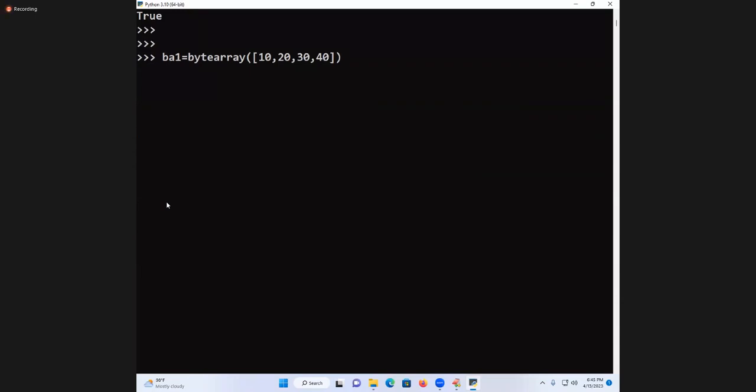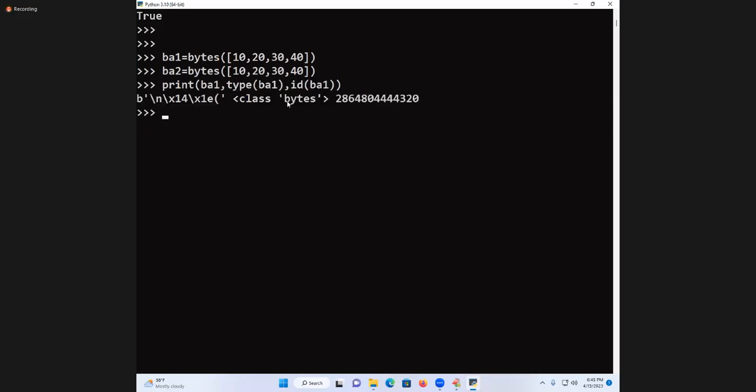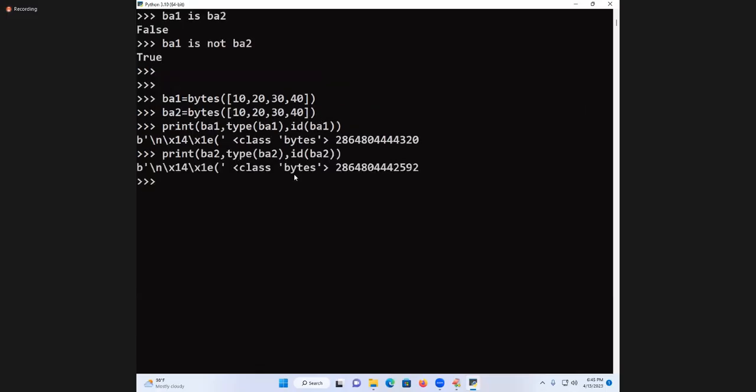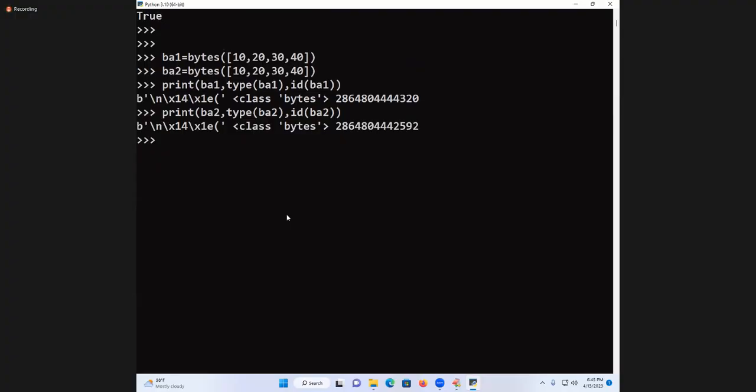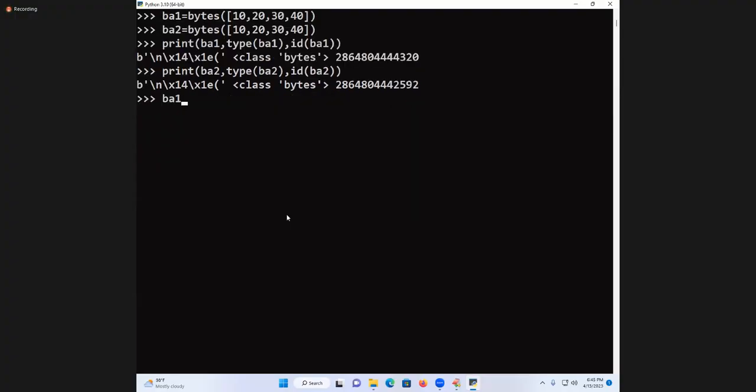Now I am taking bytes of BA1 and bytes of BA2. Print BA1, type of BA1: bytes. And BA2, also bytes. Careful guys. Now I am writing BA1 is BA2. What is the answer? False. BA1 is not BA2, true.